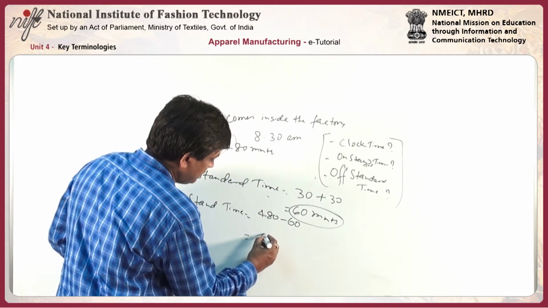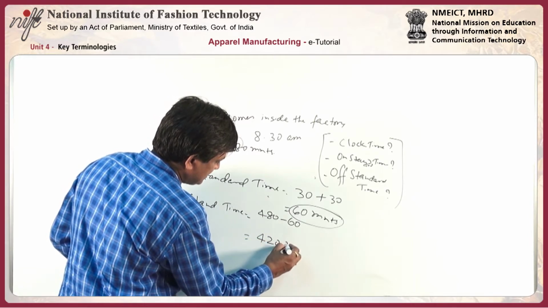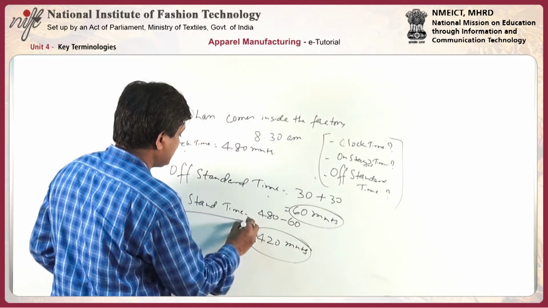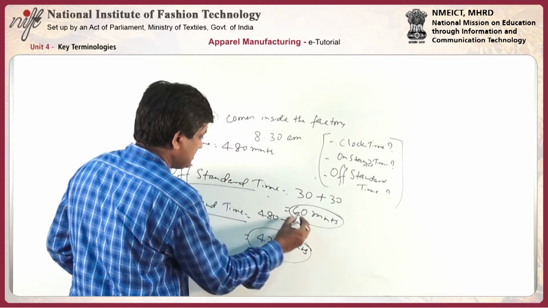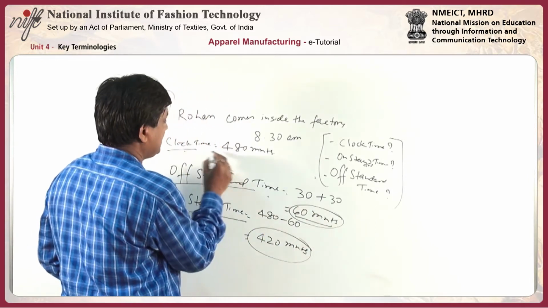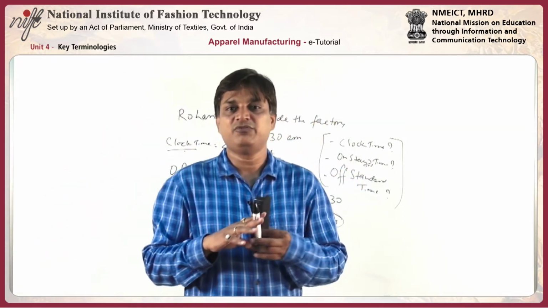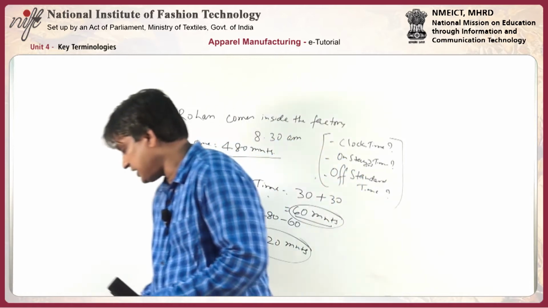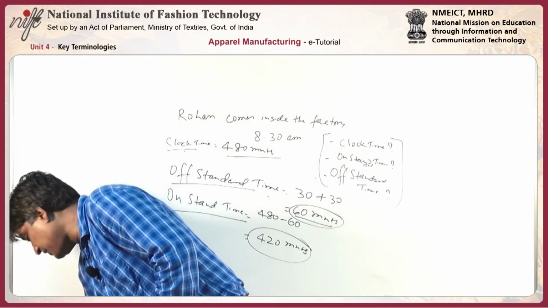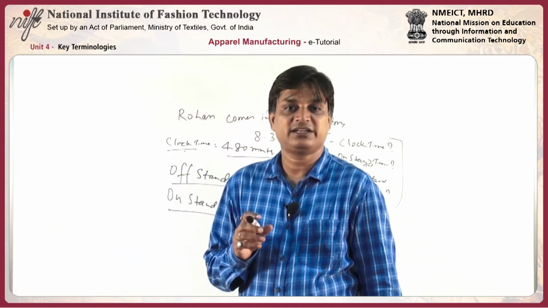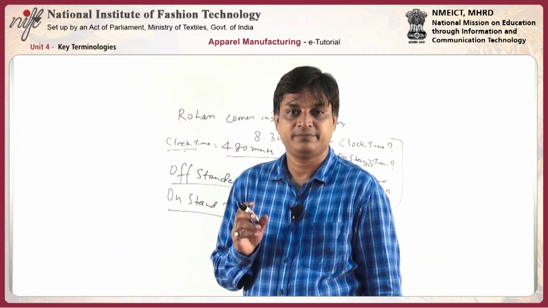This will give 420 minutes as the on standard time. Off standard time is 60 minutes and clock time is 480 minutes. So this is the example which explains the clock time, on standard time and off standard time.